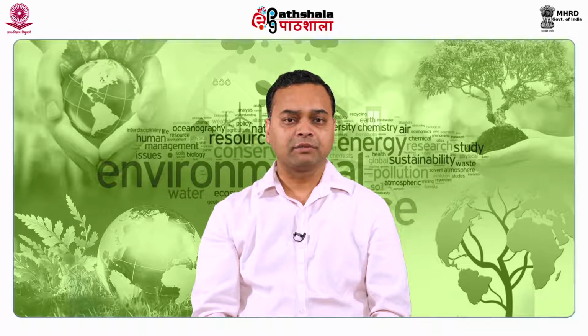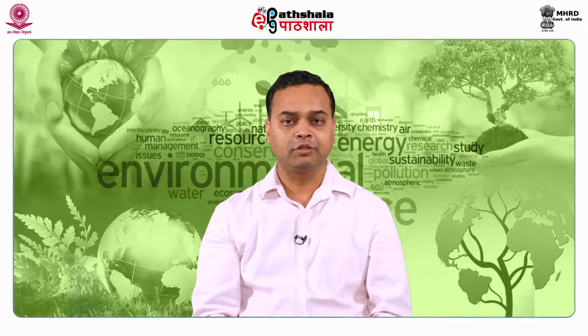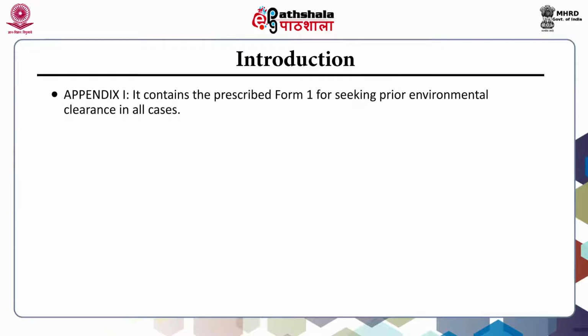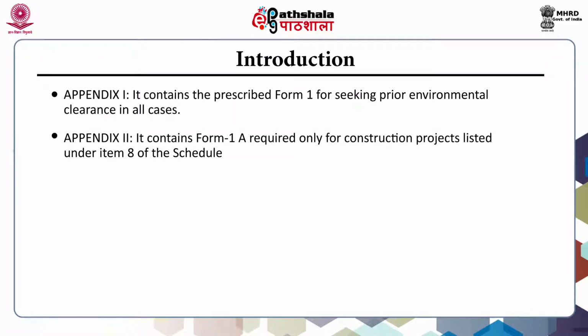The present session covers the remaining 6 to 12 points or paragraphs of the said notification along with the relevant appendices. The appendices discussed in these are: Appendix 1, it contains the prescribed Form 1 for seeking prior environmental clearance in all cases. Appendix 2 contains Form 1A, required only for construction projects listed under item 8 of the schedule.